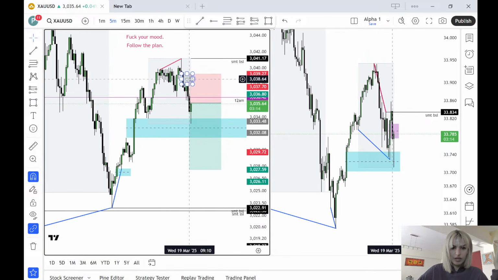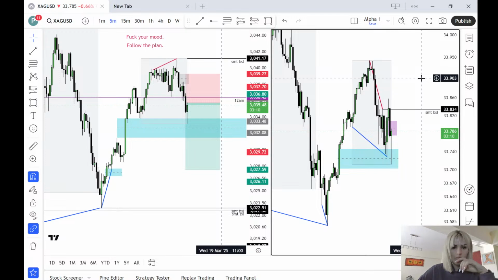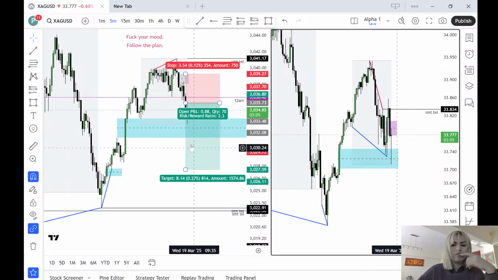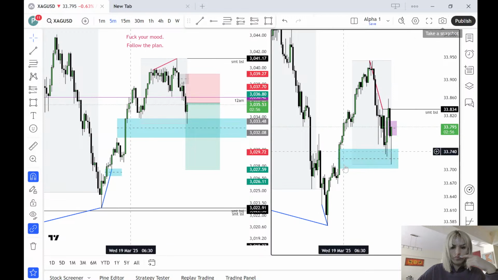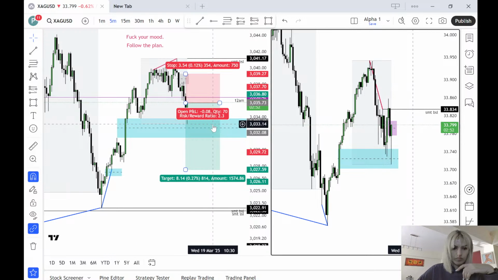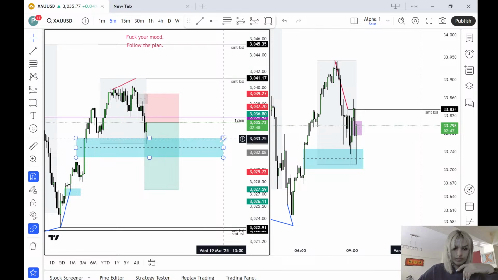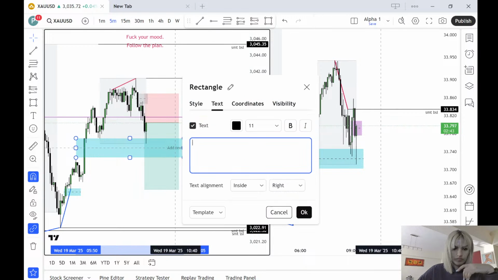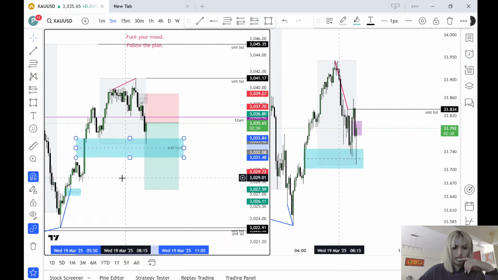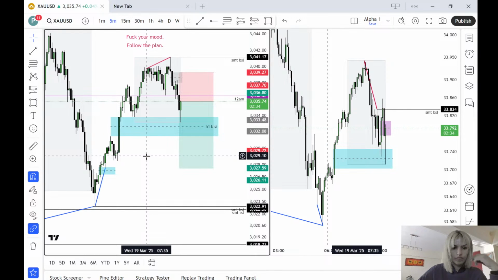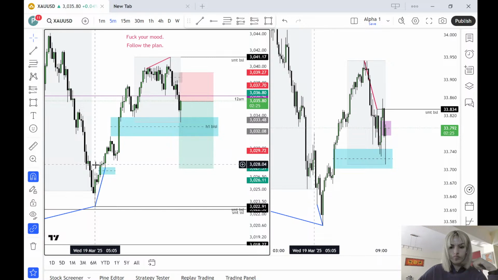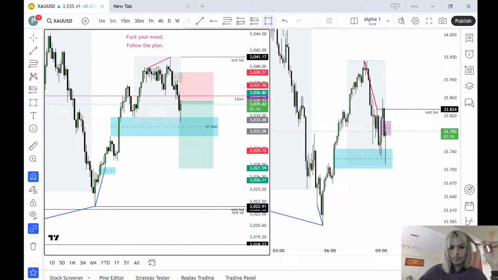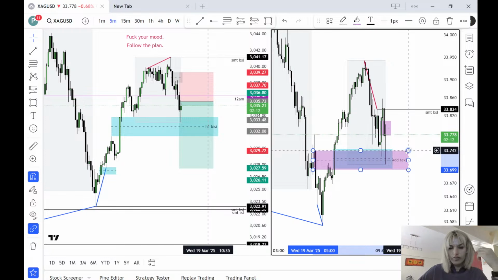The thing is that, like I said, I'm not in a trade yet. This looks like a bullish breaker, doesn't it?